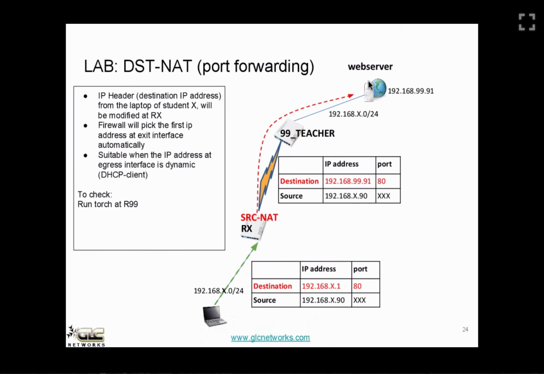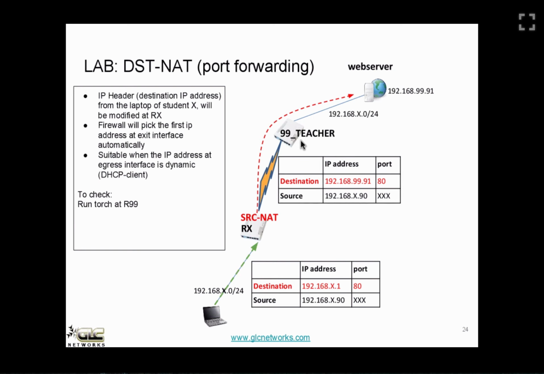So you have a web server, and in front of the web server you have a router that connects to the internet, and then you will do the port forwarding that forwards incoming requests that go to port 80. For that reason, you can set up port forwarding, you can set up destination NAT.